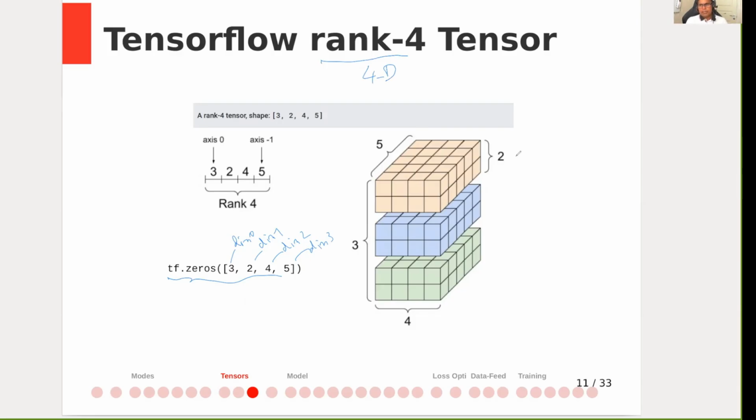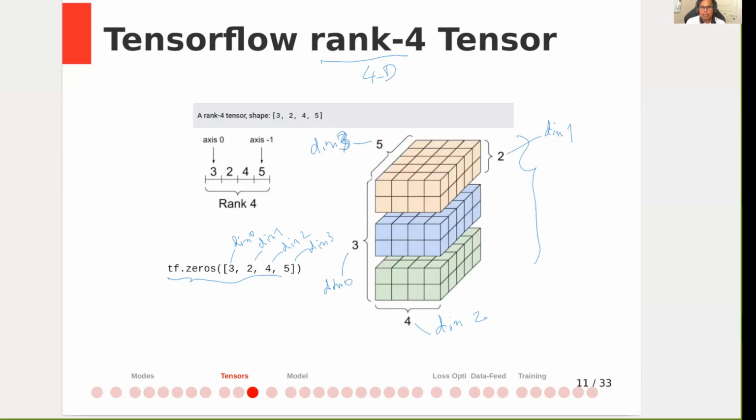So this tensor can be visualized using this picture, and dimension 0 is this, and dimension 1 is this, and dimension 2 is this, and the last dimension is this, dimension 3, or the 4th dimension.